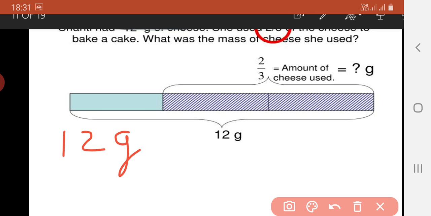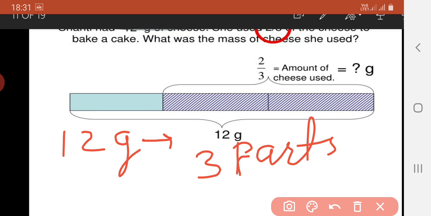It means the total parts we can make of 12 gram cheese are 3 parts, 3 equal parts.